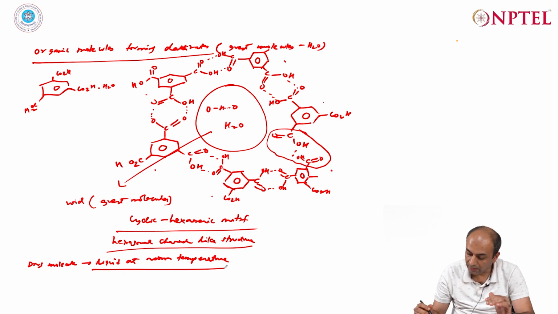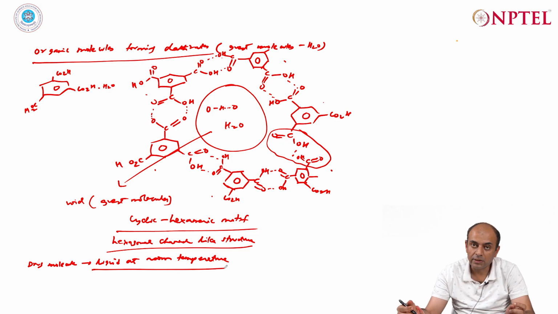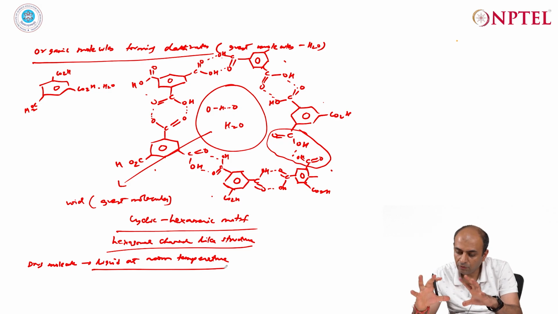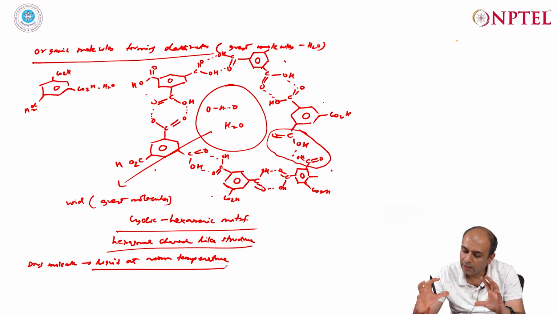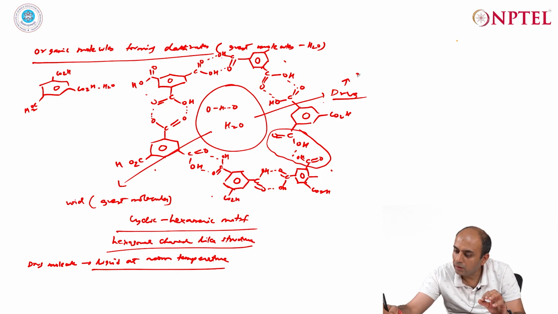So what we can actually do is template and crystallize this drug molecule along with this trimesic acid, because the trimesic acid forms a structure which has got large voids, and into the voids the drug molecule can go and sit, and from X-ray crystallography you can now determine the three-dimensional structure of the drug.